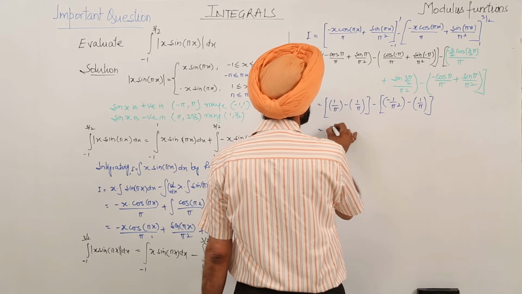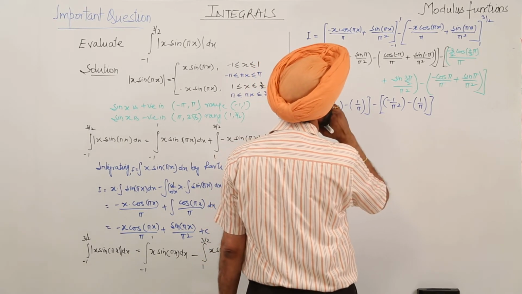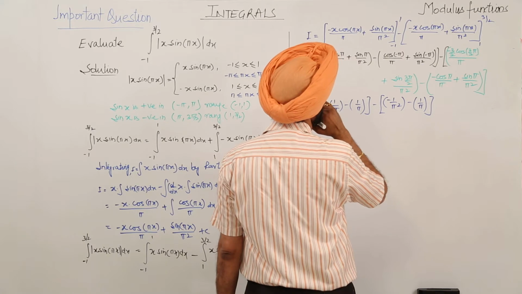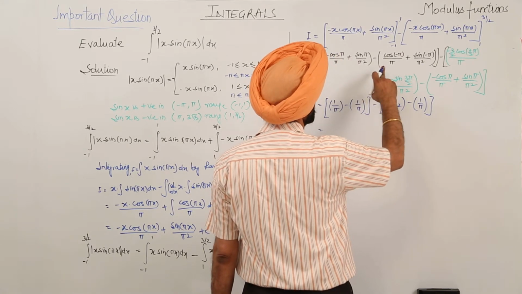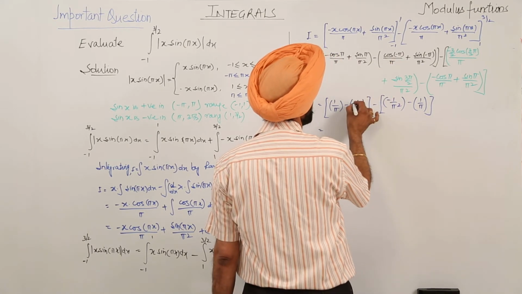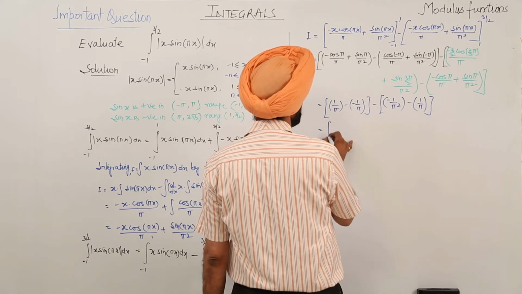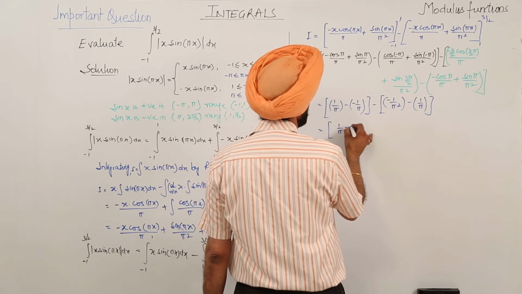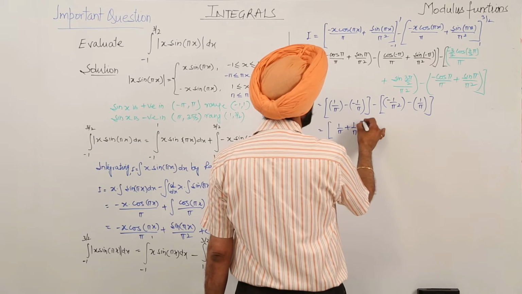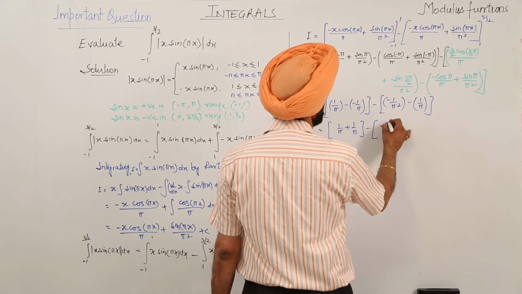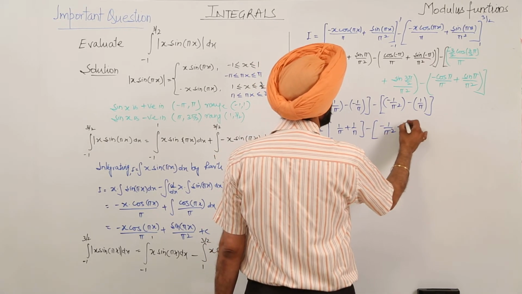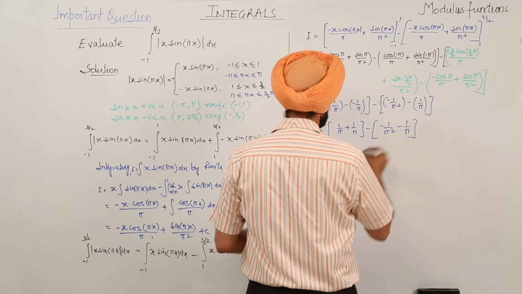Now this becomes 1 upon pi plus 1 upon pi, and minus 1 upon pi square minus 1 upon pi.